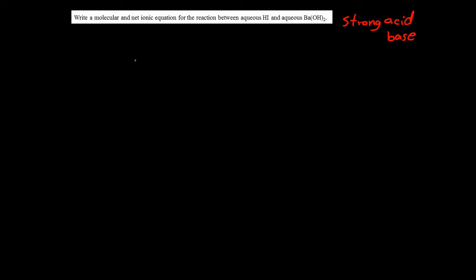Alright, I hope you gave that a shot. We're told we have HI, which would be in aqueous phase, because it tells us that, and barium hydroxide, which is also in aqueous phase.